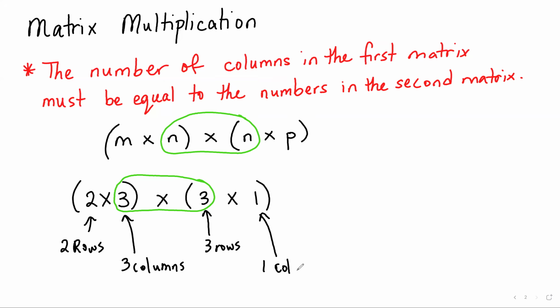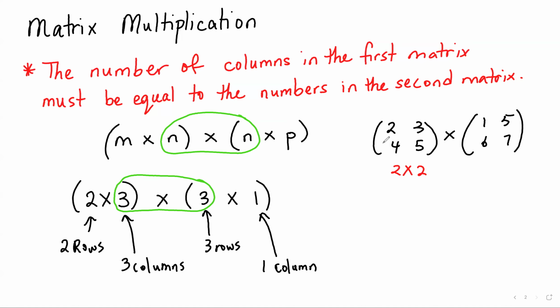So for instance, let's say I have a matrix 2, 3, 4, 5, and then another matrix 1, 5, 6, 7. These two matrices can be multiplied by each other because the matrix 2, 3, 4, 5 is a 2 by 2 matrix.